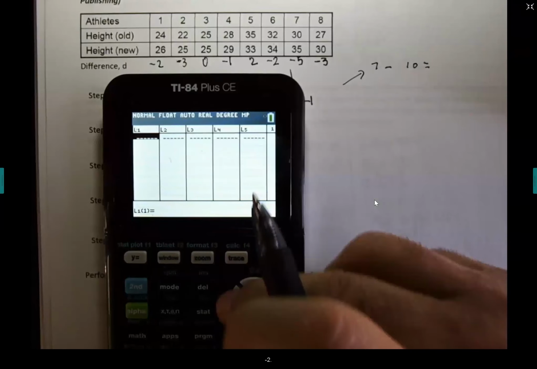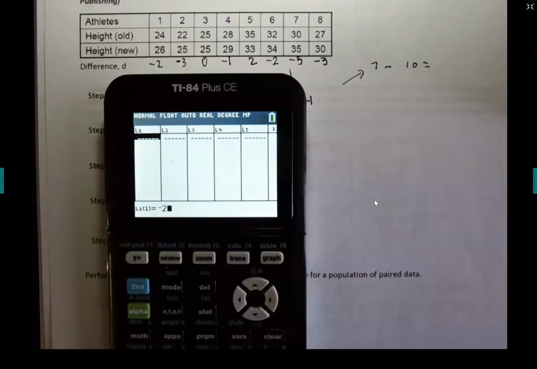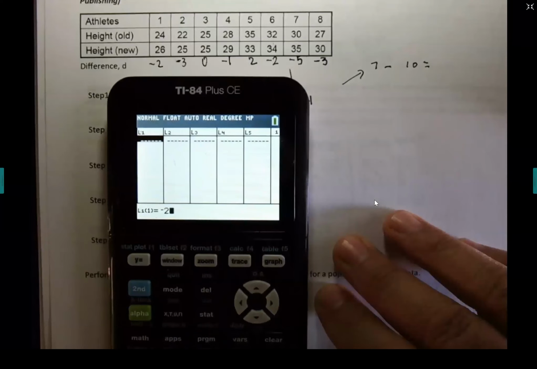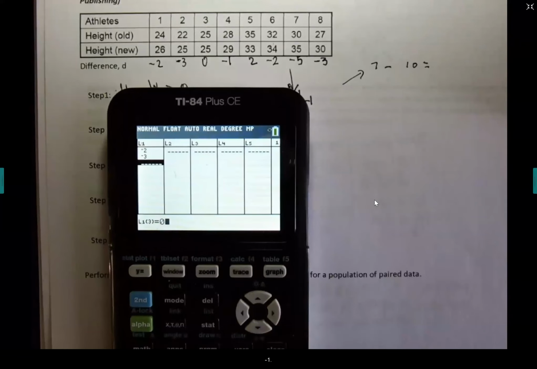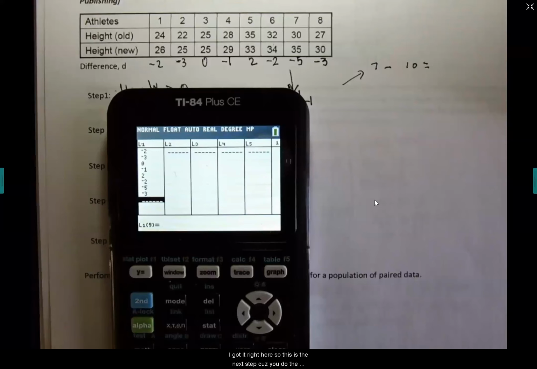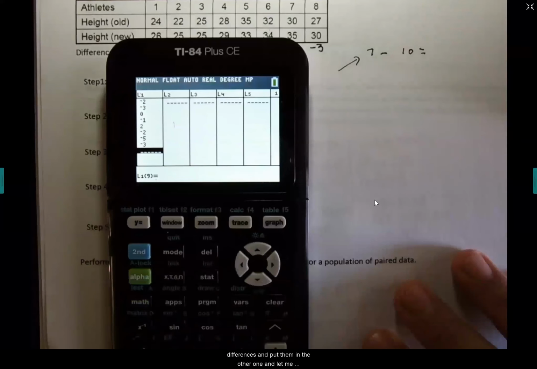L1: -2, -3, 0, -1, 2, -2, -2, no, -5 here, and finally -3. There you go. So this is the next step, guys: you do the differences and put them in L1.